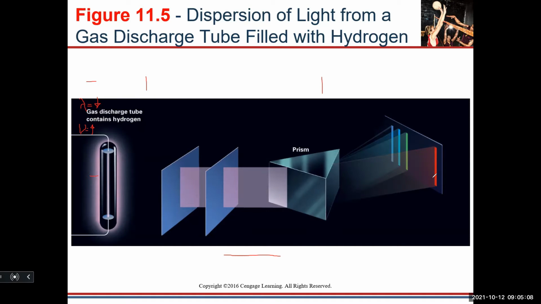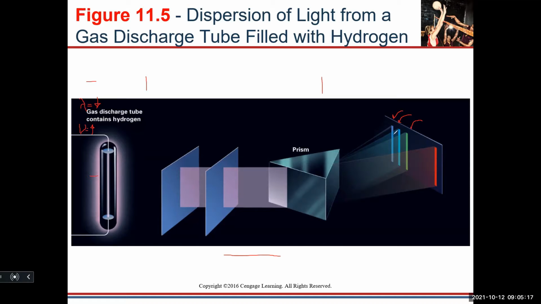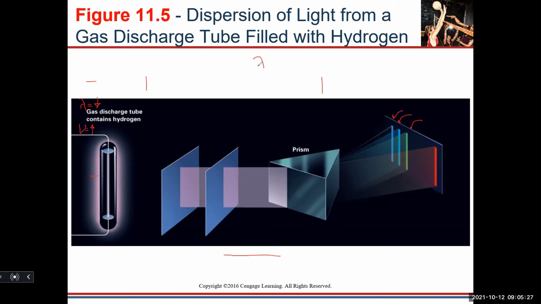And as Cassandra was saying, each color represents a different amount of energy, because each of these colors represents a different wavelength. And since each color represents a different wavelength, we can use the wavelength to calculate the frequency.